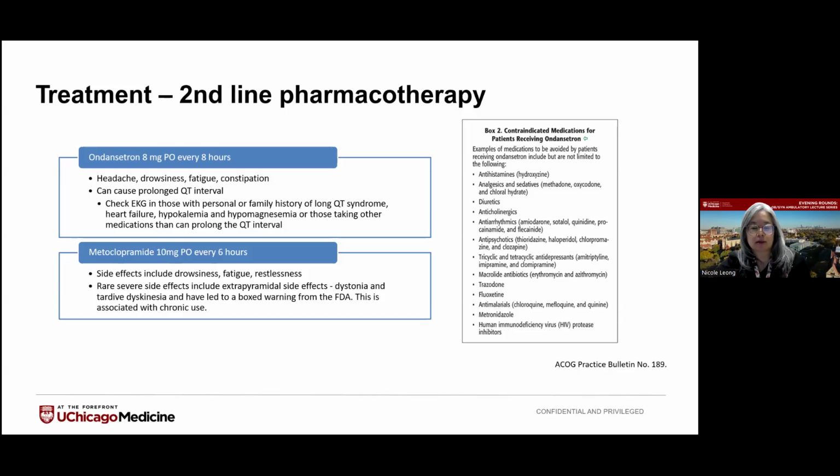The other side effect is tardive dyskinesia, also associated with long-term use. It's also a movement disorder, a hyperkinetic movement, and again it's associated with chronic use more so than the short-term use that we're hopefully using during pregnancy.